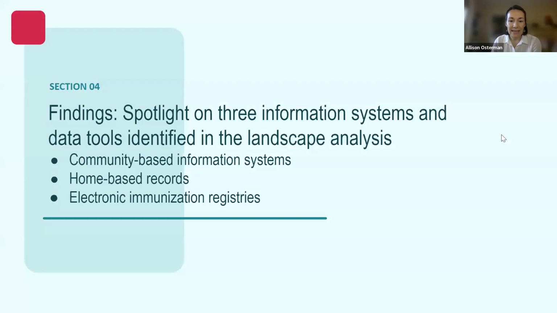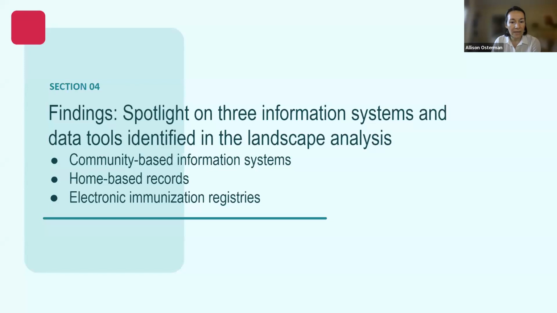In the next few slides, I'll review the findings on these three systems and tools: community-based information systems, home-based records, and then also our next guest speaker is going to talk about how EIRs have been used in Pakistan to identify zero-dose children.